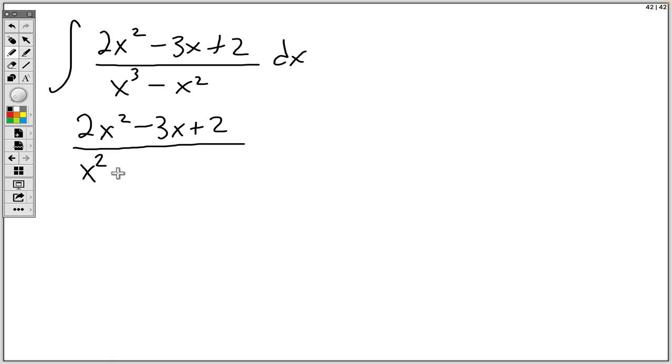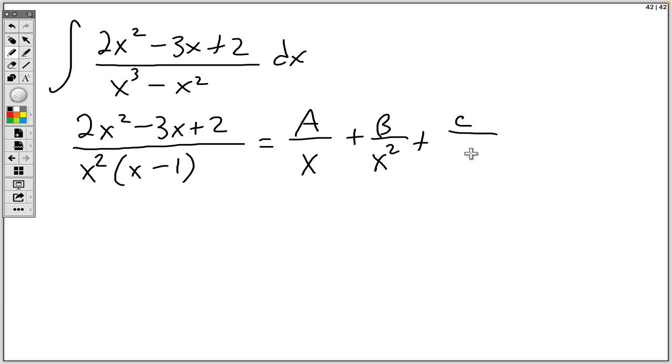The denominator here, x squared, can be factored out of both terms, and I get x minus 1. And so we get the form of the decomposition: a over x plus b over x squared plus c over x minus 1. So here we've got linear factors. We have a couple of distinct linear factors, but we do have a repeated linear factor. So how does the Heaviside method work for this?